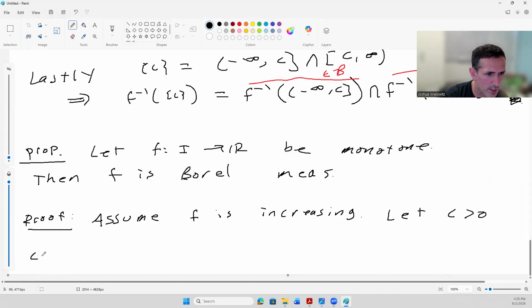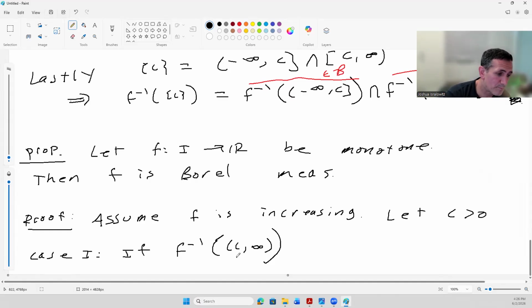The trivial case: you don't have to look at (C, infinity). You can look at any of 1 through 4, whatever. And you can look at closed too.